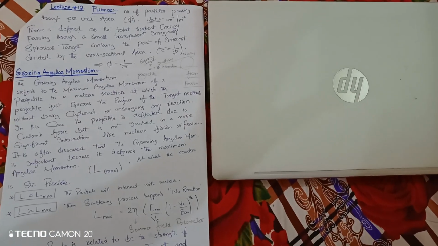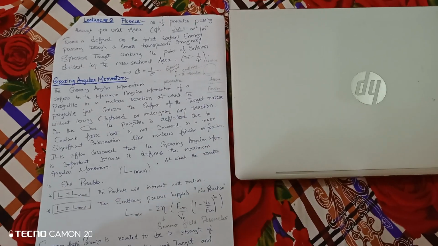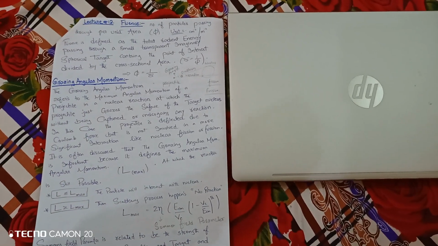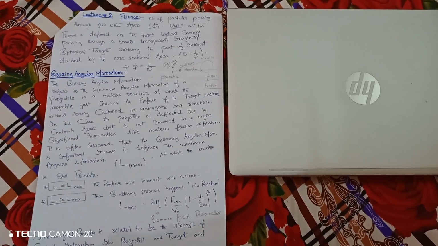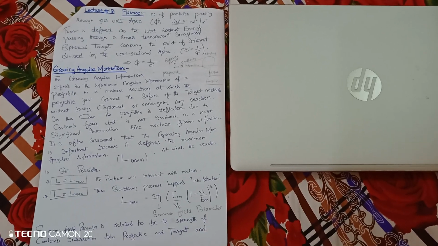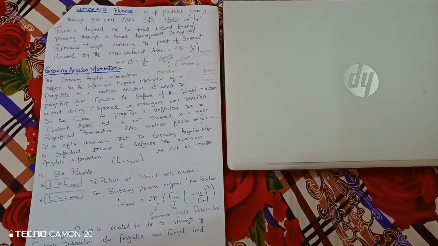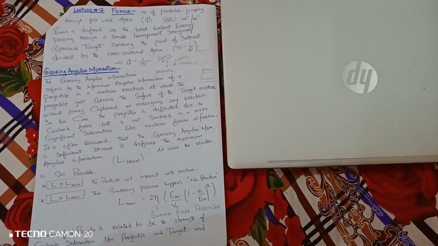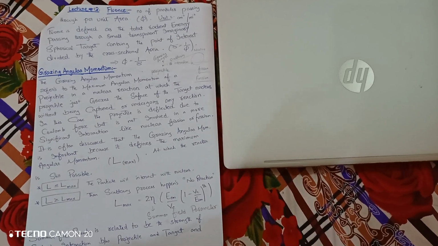Okay, it is basically the number of particles passing through per unit area. Also, fluence is defined as the total radiant energy passing through a small transparent imaginary spherical target containing the point of interest, divided by the cross-sectional area. So fluence is basically the total energy radiated after your projectile and target interact.